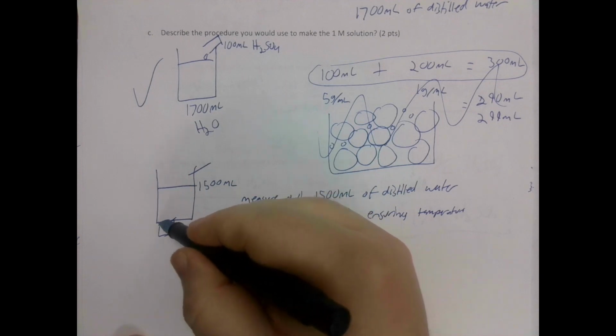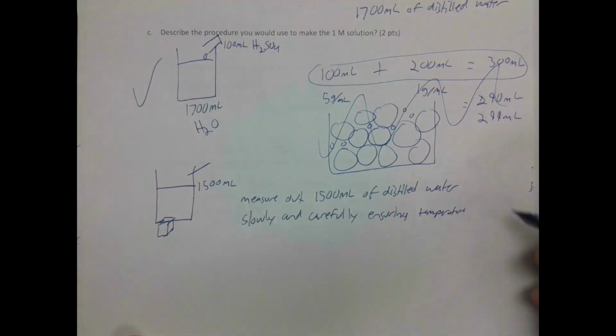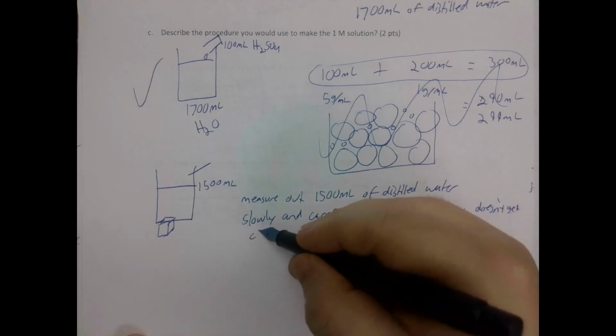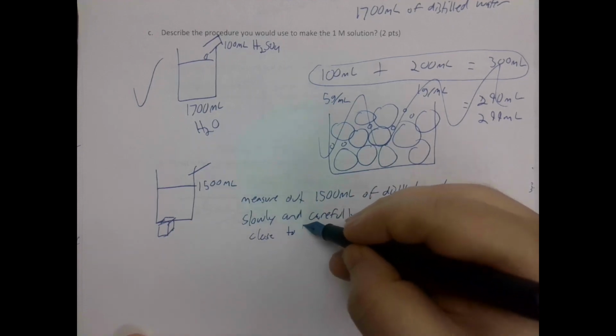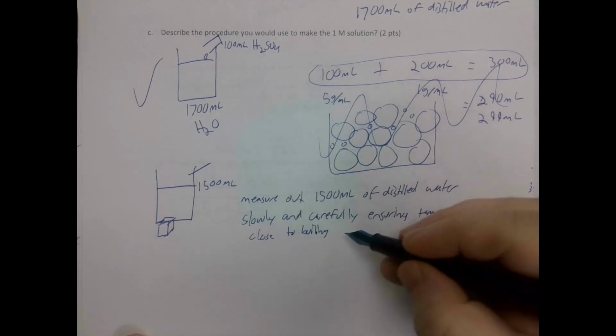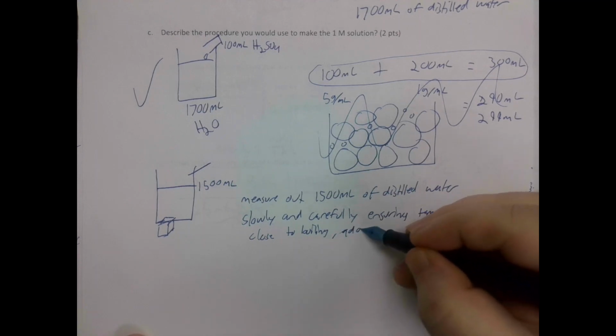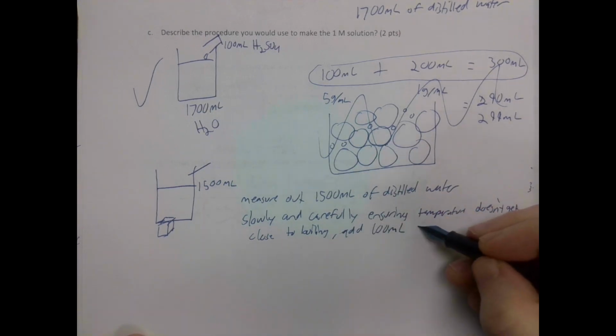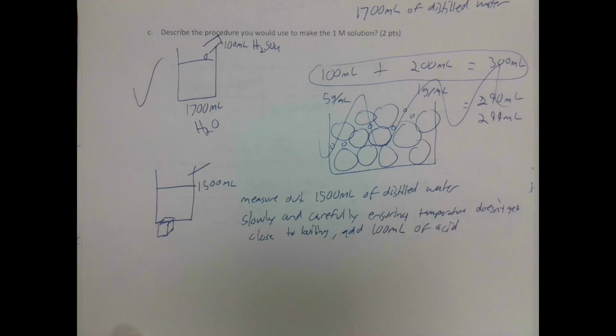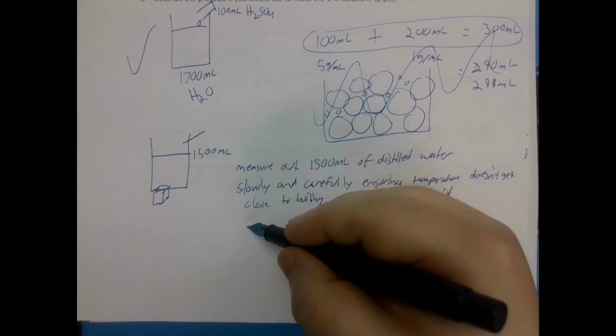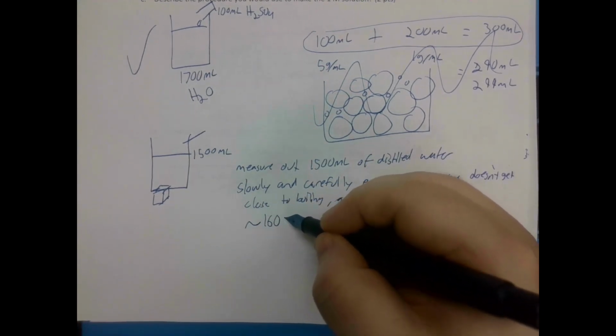You probably want to put ice too. Put this on ice blocks. Slowly and carefully ensuring temperature doesn't get close to boiling. Add the acid. Add 100 milliliters of acid. Then you'll get somewhere around 116 milliliters.